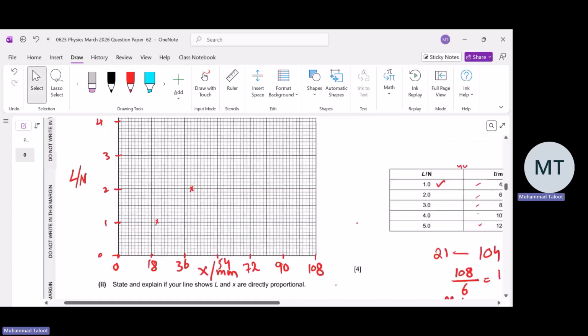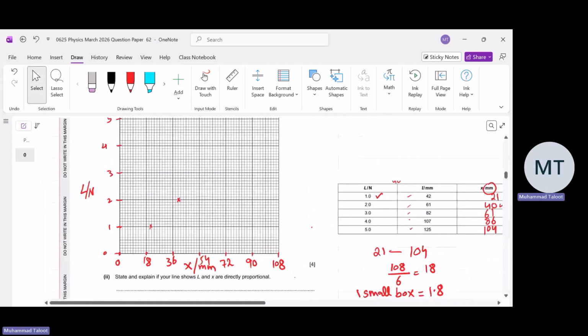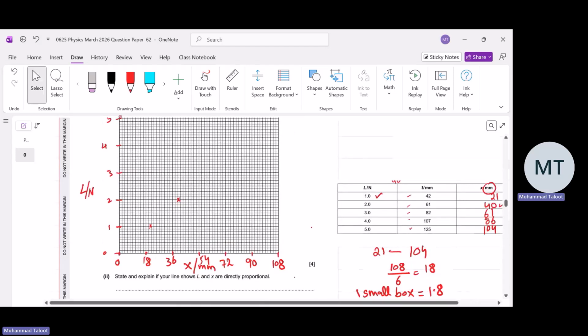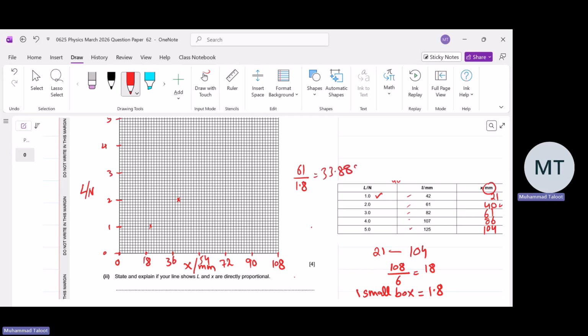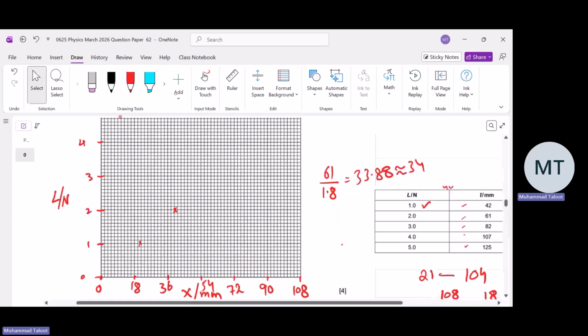Then, my dear students, at 3 Newton load, 61 is the value. 61 divided by one small box, so you will be getting the idea how many boxes we have to move. 61 divided by 1.8 is 33.88. So approximately you can say 34 boxes. So it is going to be 10, 20, 30, and we will be somewhere here.